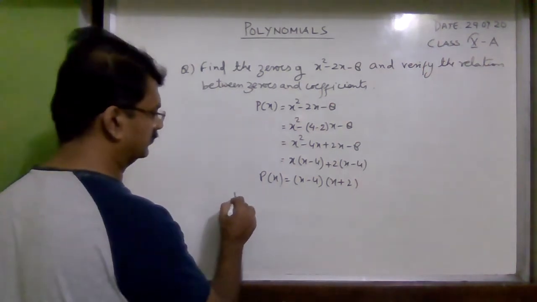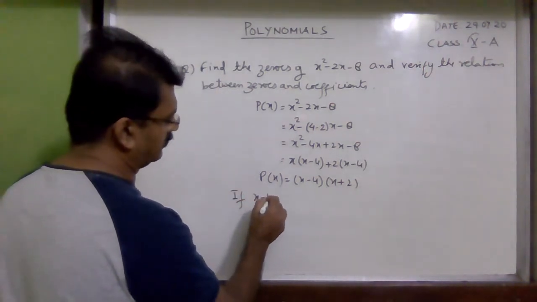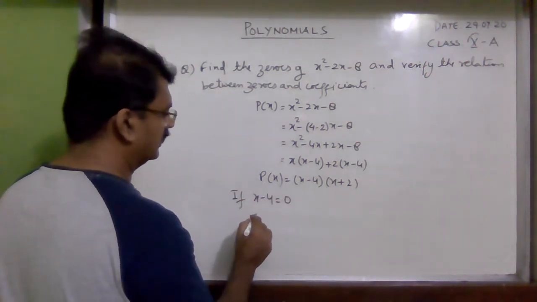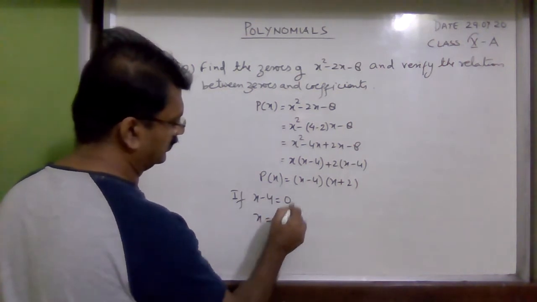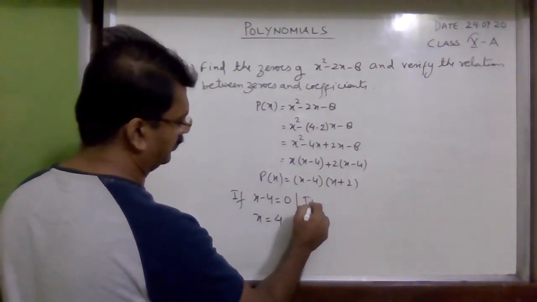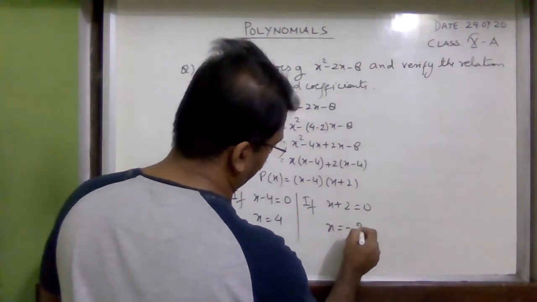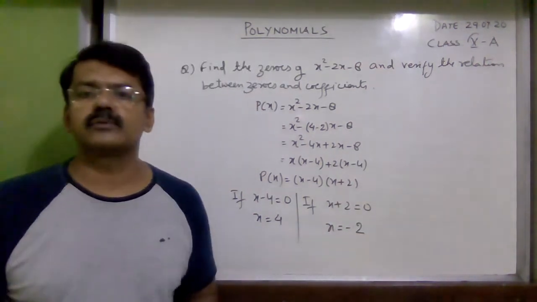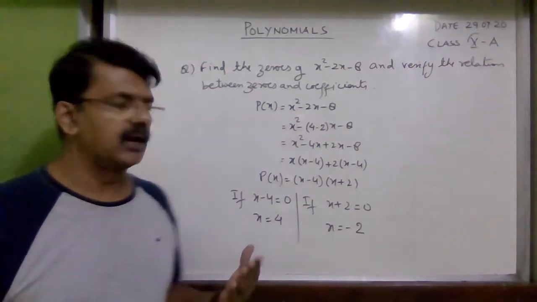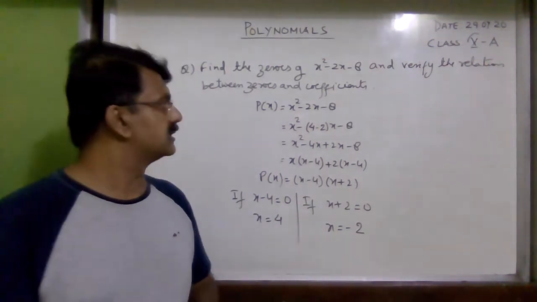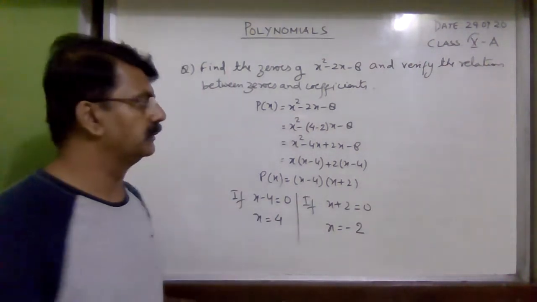Now if x minus 4 is 0, then x is equal to 4. If x plus 2 is equal to 0, x is equal to minus 2. So 4 and minus 2 are the zeros. We have found the zeros.